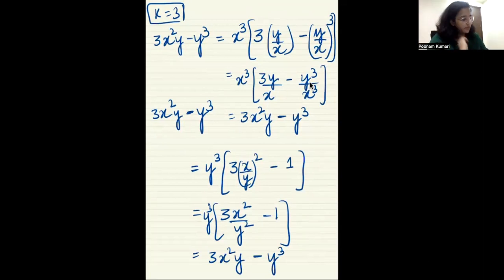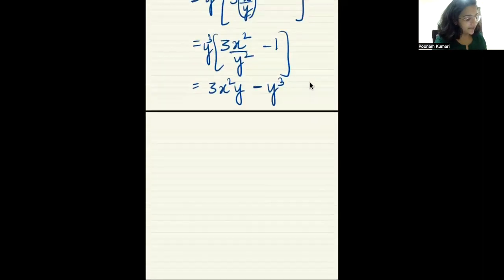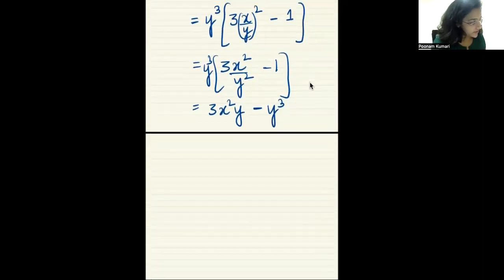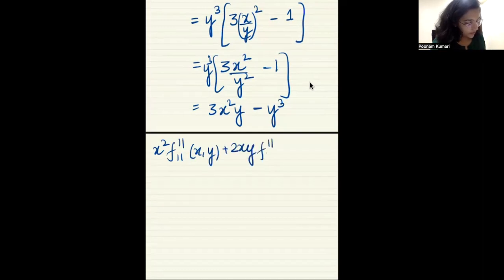Yes, ma'am. And finally, it is for you to check whether this double derivative condition holds, which was x squared f double prime 1 1 (x, y) plus 2xy f double prime 1 2 (x, y) plus y squared f double prime 2 2 (x, y).